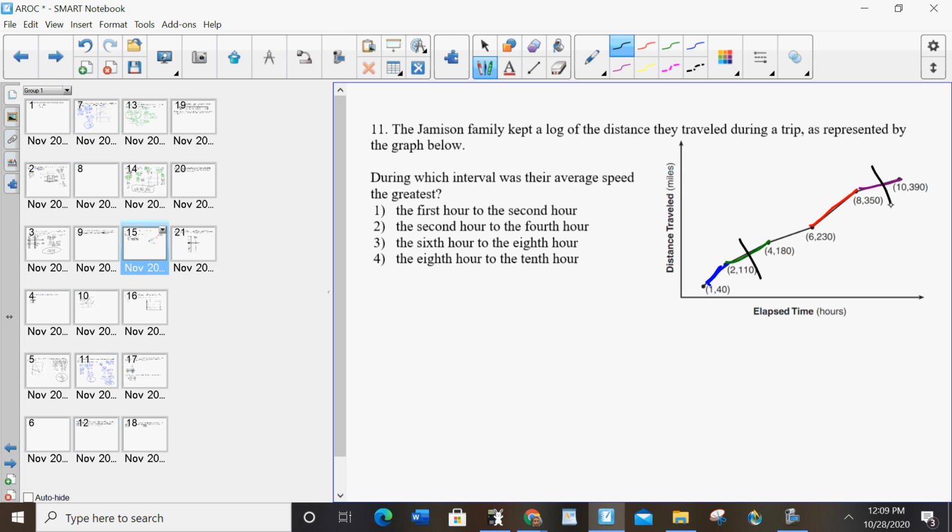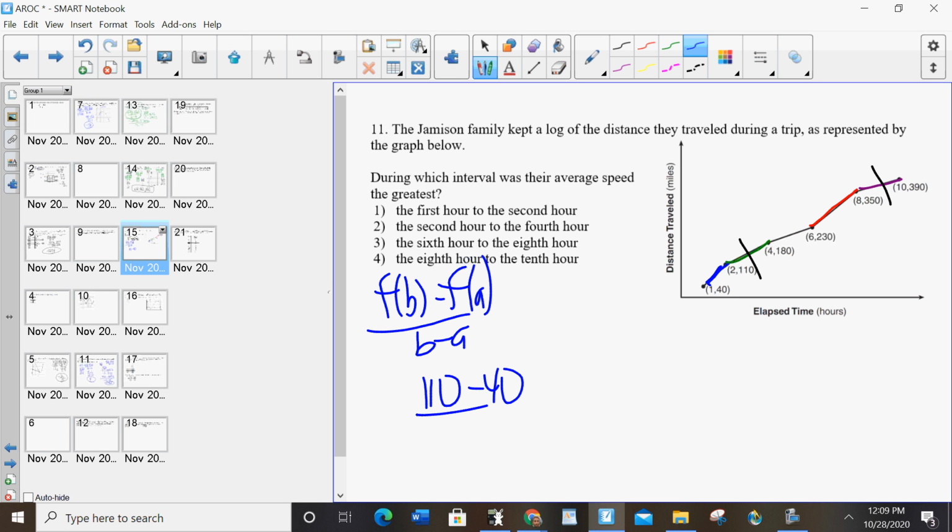I mean, I can see it, but if you can't see it, then at this point, do the average rate of change for both. So for the blue, I can do f of b minus f of a over b minus a. 110 minus 40 over 2 minus 1. For the red, I can do f of b minus f of a over b minus a.